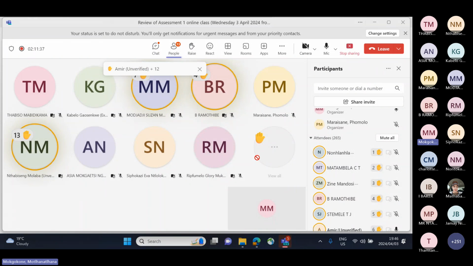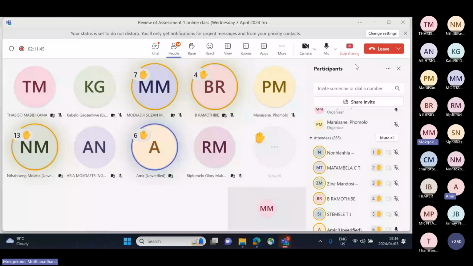Can I ask a question, please? You can go on. This is with regards to the first question that you showed. You said that the entity is using the periodic inventory system, so you're going to have to debit purchases. I just want to clarify that.